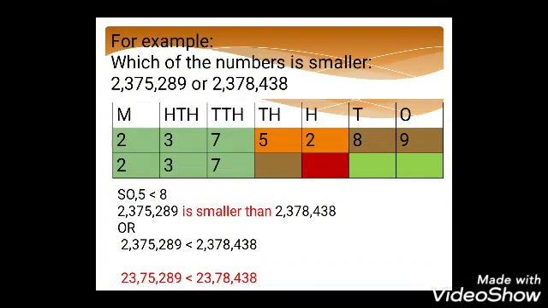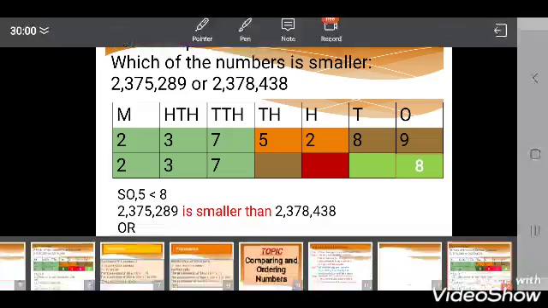So let us find out using another example. Now again this is in the international system of numeration. We have placed the digits into the place value chart and start the comparison. So here 9 is greater than 8. This number is greater at the ones place.